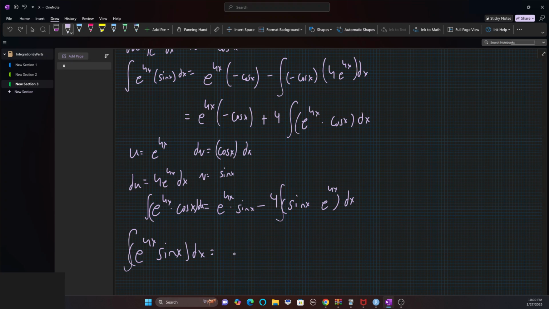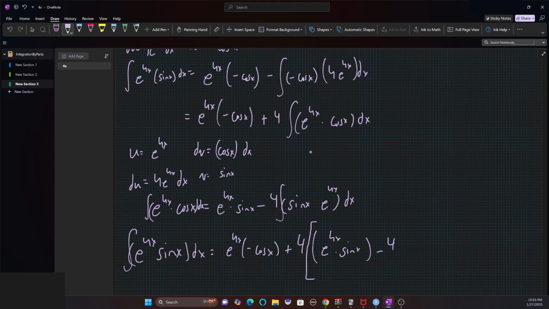So that is e to the 4x times negative cosine x, plus 4 times this integral, which is equal to this, so that's e to the 4x times sine x minus 4 times the integral of, I need square brackets here.